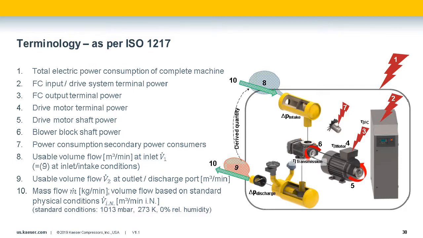Additionally, hopefully we can see from the previous slides with the graphics for the work areas for the lobe blower and the screw blower, how those different applications we were looking at would impact the performance of the machine and also how much gains you're going to realize and then ultimately the return on the investment.